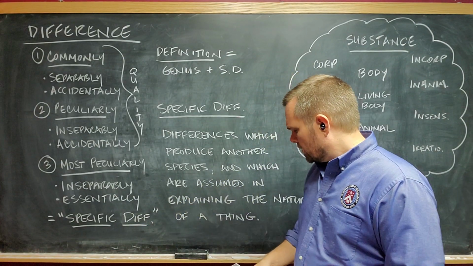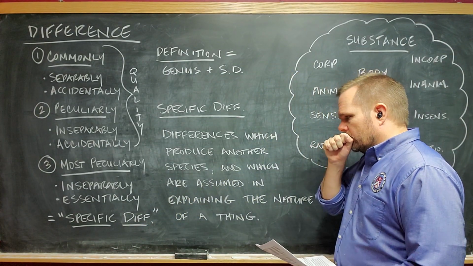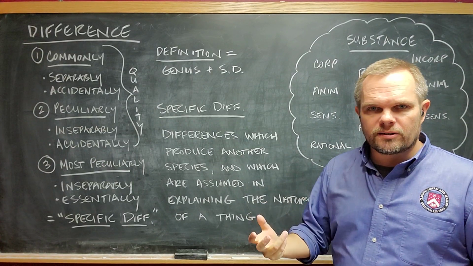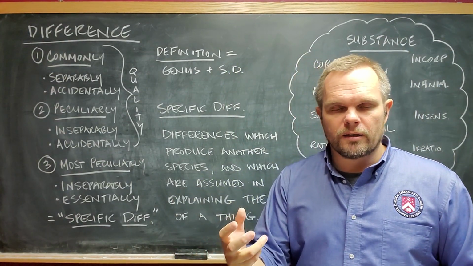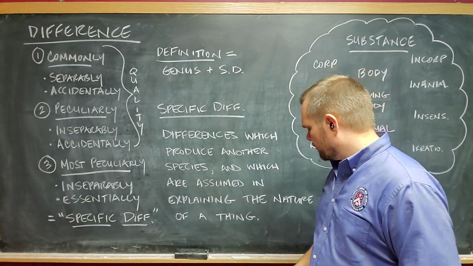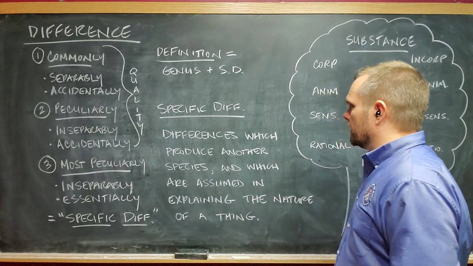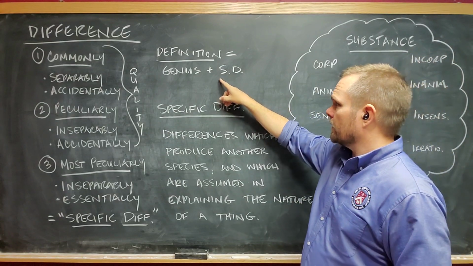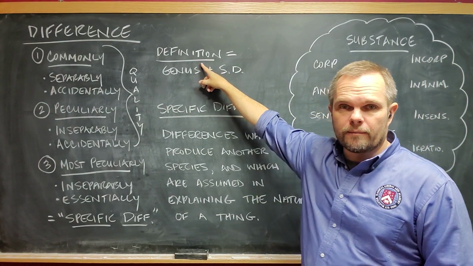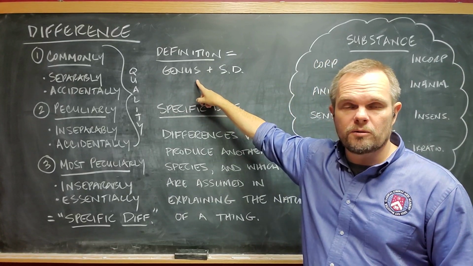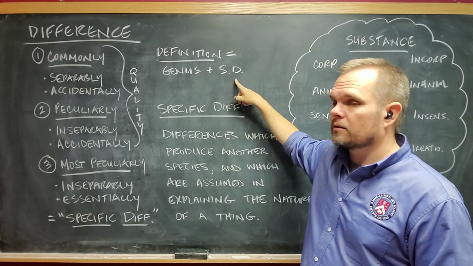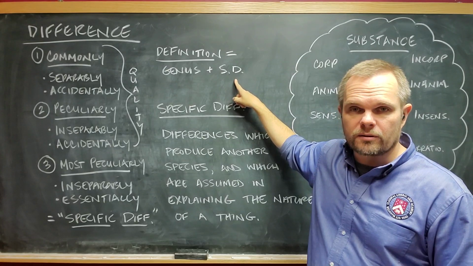Okay? Now, what's important about that is when we define something, if we need to define a term, the way that we define it is with a simple little formula that I have written up here. The definition of anything is made by stating the genus to which it belongs and its specific difference.